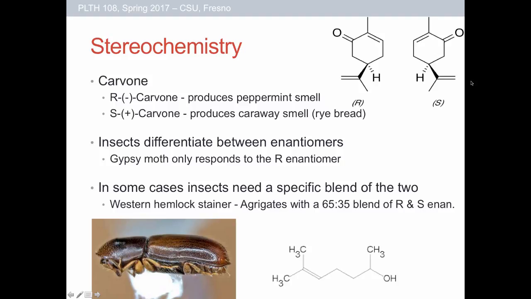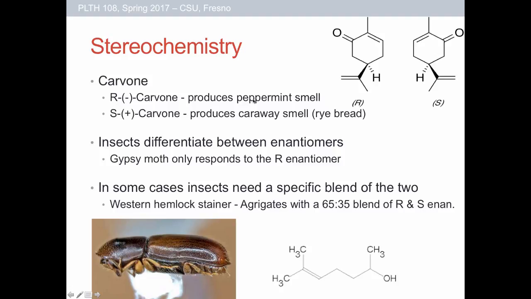So just to give an example of how much stereochemistry can matter, there's the chemical carvone. Carvone is this chemical right here. It's a little benzyl-like ring with a double bond and this little extra group hanging off the side. And depending on whether this hydrogen is attached in the R configuration or the S configuration, whether it's pointing down or up, you get two very different chemical properties.